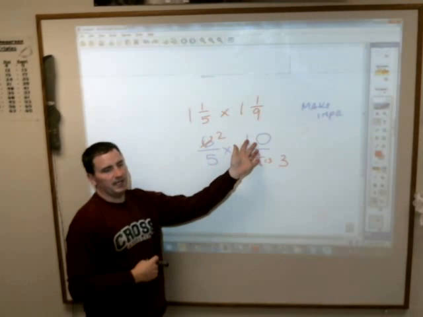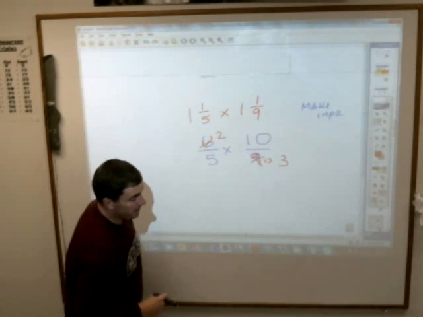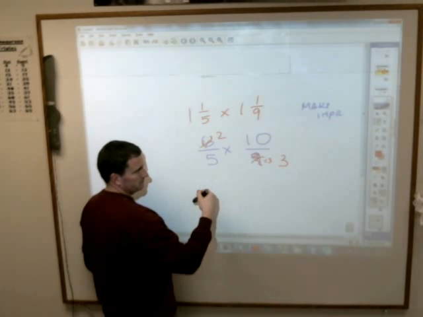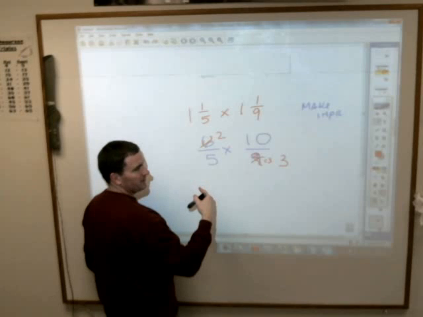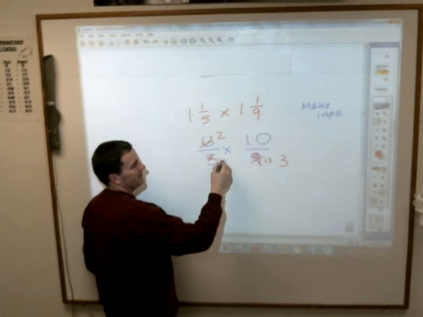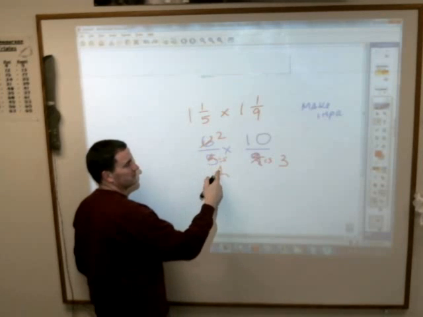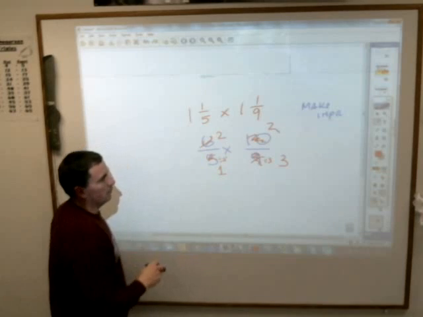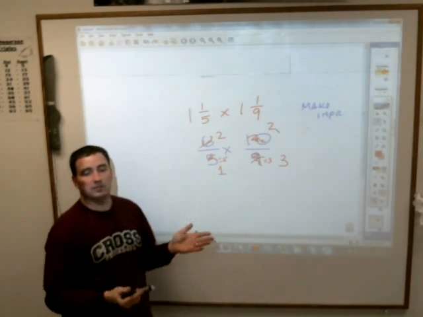What about 5 and 10? What number goes into 5 and 10, Zach? 2. Well, what number goes into 5 and 10? Colton? 5. So I divide 5 by this. 5 goes into 5 once. 5 goes into 10 twice. Okay, nothing else will cross-cancel.